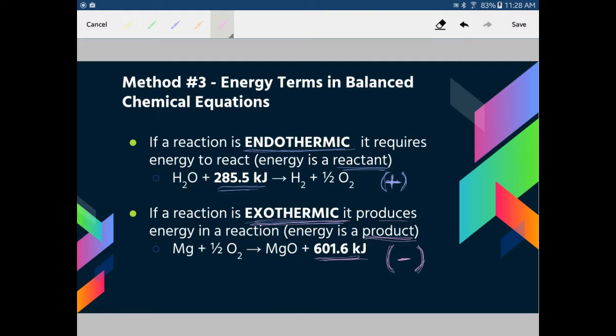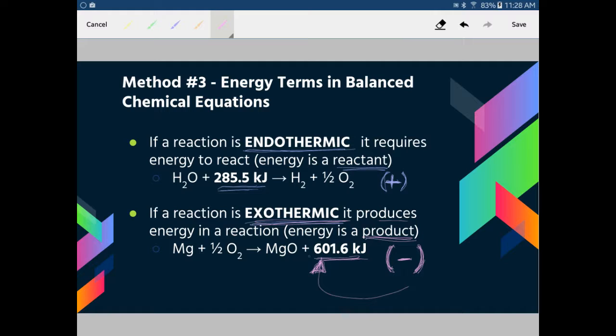Okay, so we have to be careful as to how we're thinking about this. Now notice, when I record my values, I do not record whether it is a negative or positive value. Even though we know that exothermic reactions are negative values, when we plug it into our equation here, recording this value on the product side is the same as indicating it as a negative enthalpy.